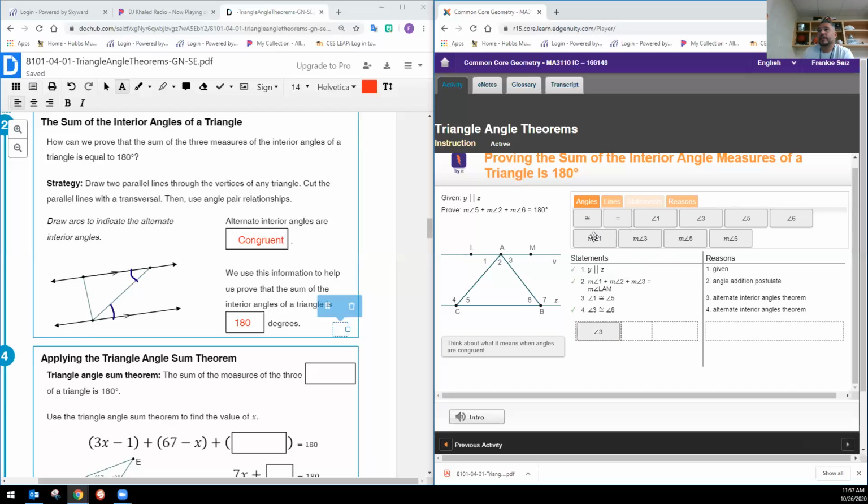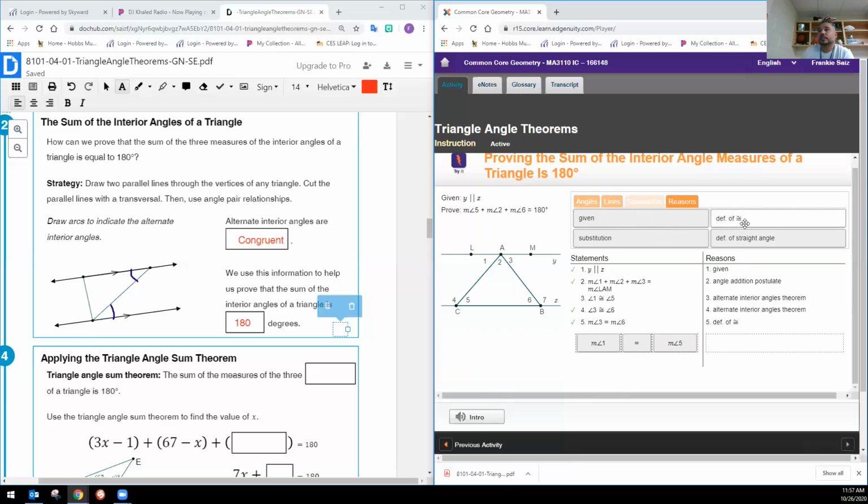So then the measure of angle 3 is equal to the measure of angle 6, and that's because of the definition of congruent angles. So then the measure of angle 1 is equal to the measure of angle 5 for the same reason. Okay, so now we proved that.